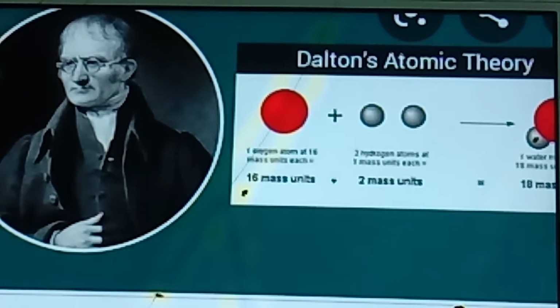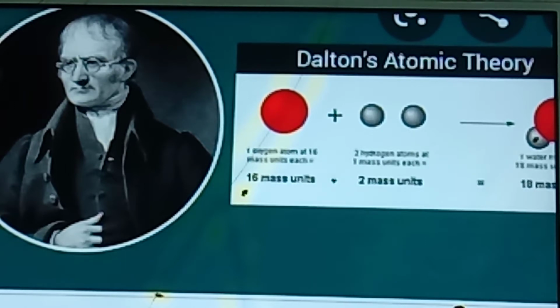his experiment. The main postulates of Dalton's atomic theory are that all matter is made up of extremely small particles called atoms. The Greek philosopher Democritus used the same name for the smallest invisible particle, the atom.